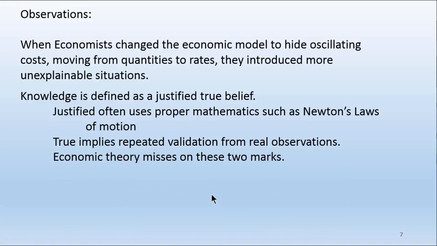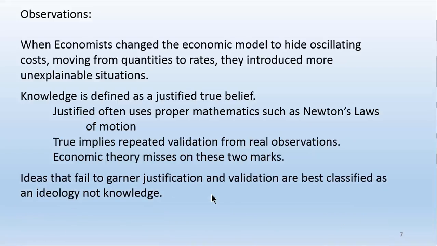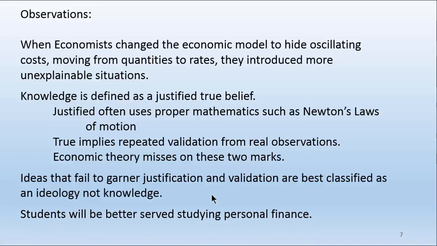Economic theory misses on both of these marks. They're not using mathematics properly, and they're not supporting their theories with actual observations in the real world. The ideas that fail to garner justification and validation are best classified as an ideology and do not represent knowledge. Students will be better served studying personal finance.